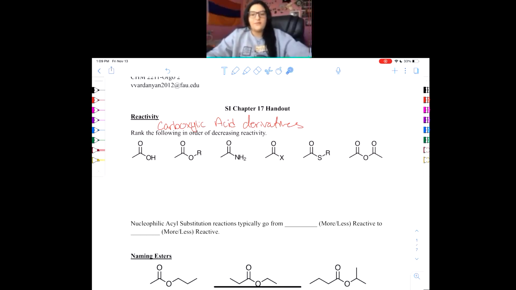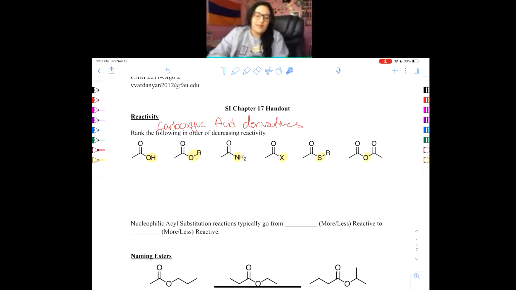So when we talk about reactivity, we know that ketones and aldehydes are more reactive because of less steric hindrance and things like that. But when we're comparing just different carboxylic acid derivatives, the main thing we want to focus on is what this heteroatom is. And so we have oxygen, nitrogen, a halogen, and sulfur.